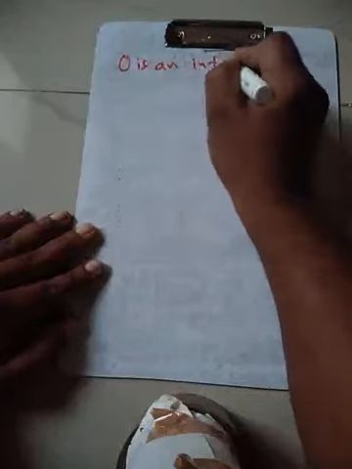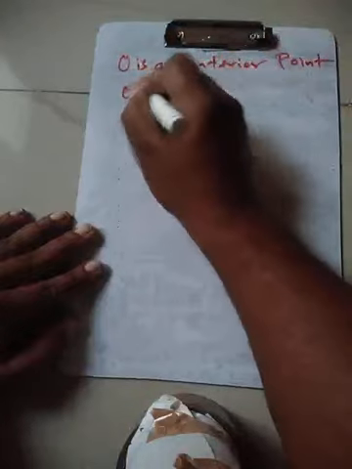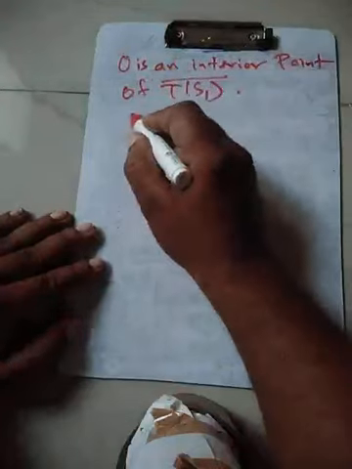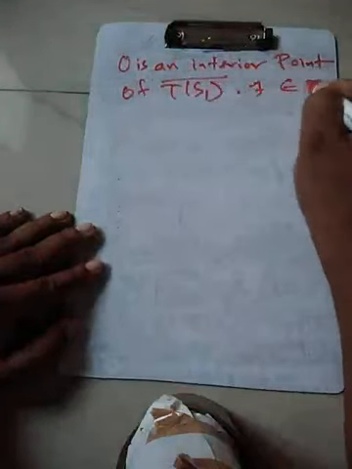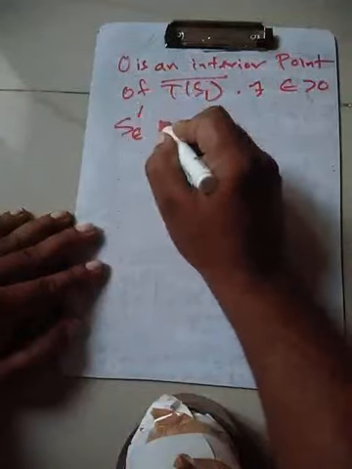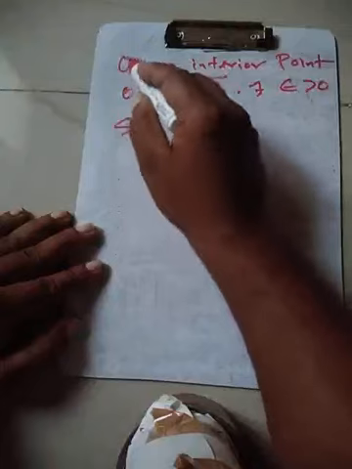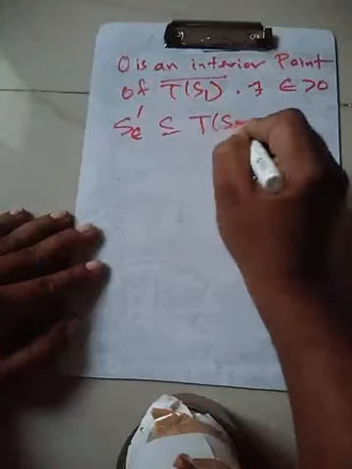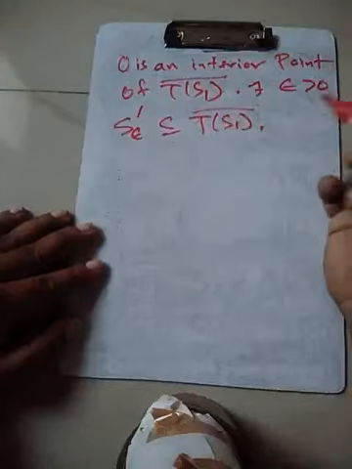Zero is an interior point of the closure of T(S_1). So there exists an epsilon greater than 0 such that S'_epsilon, which is a ball centered at 0 with radius epsilon, is contained in the closure of T(S_1).